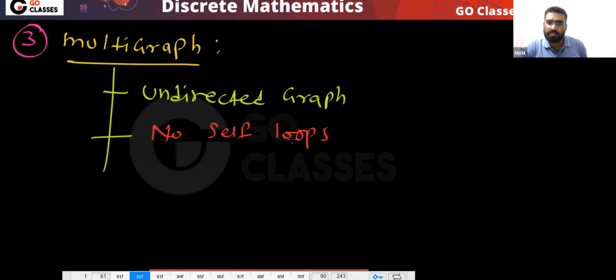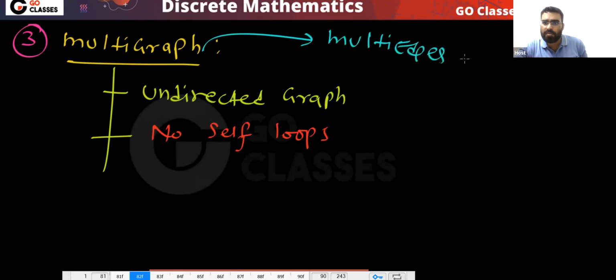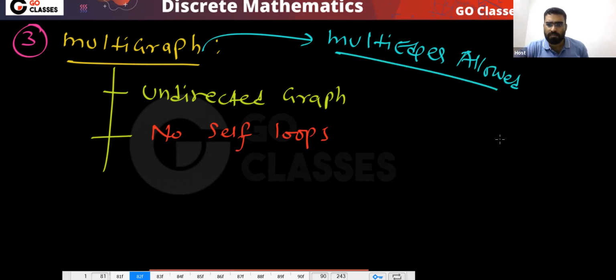Multi edges are allowed, so you can have multi edges, but you cannot have self loops.